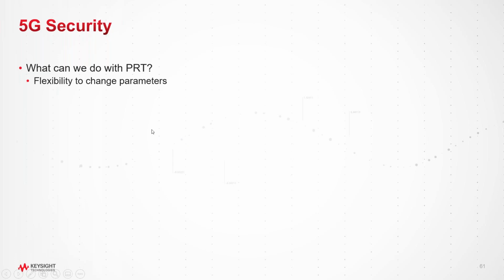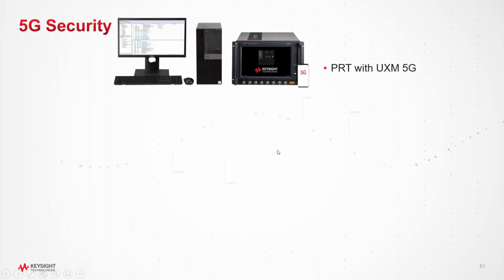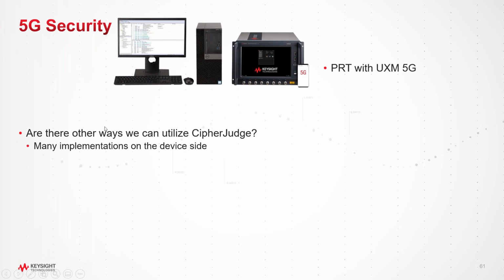You saw that we can change parameters and do a lot of different things with it, and that works with the UXM, our base station emulator, right? So that's PRT. We also showed you the Cipher Judge, and what we would like to do is ask the question, what else can we do with the Cipher Judge?